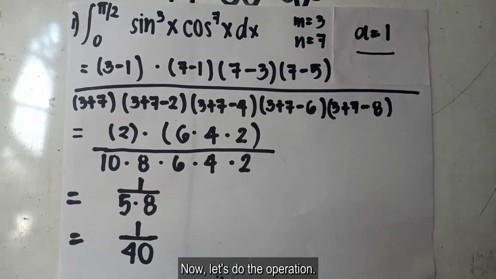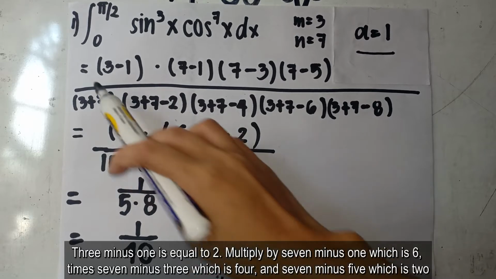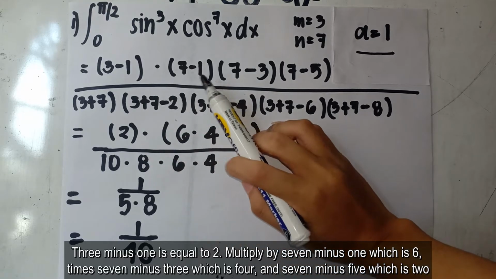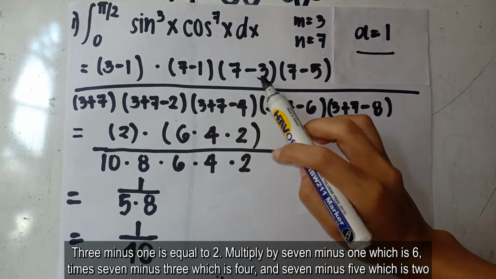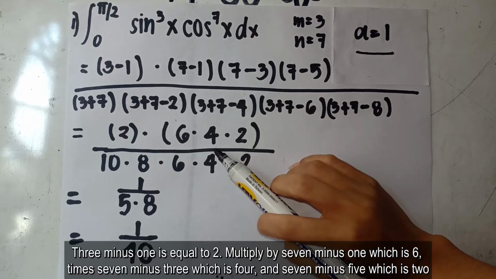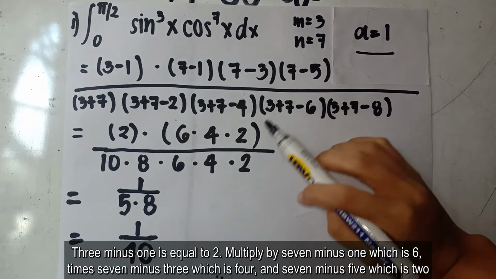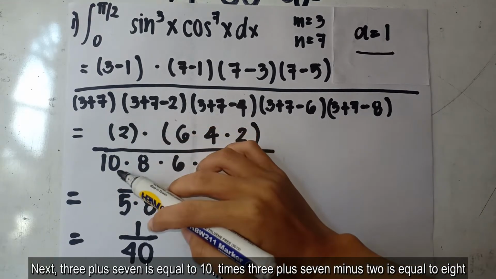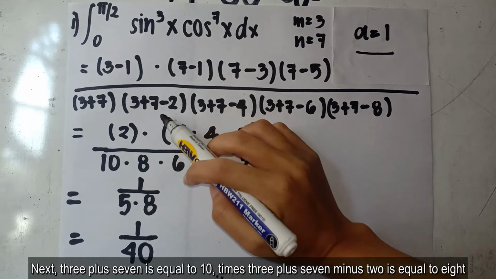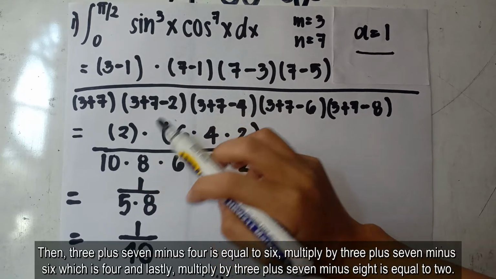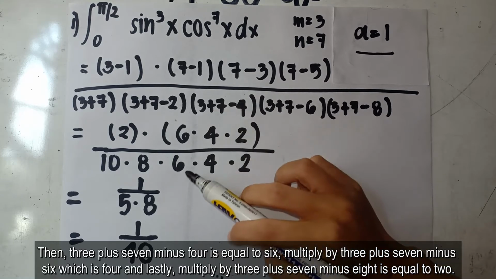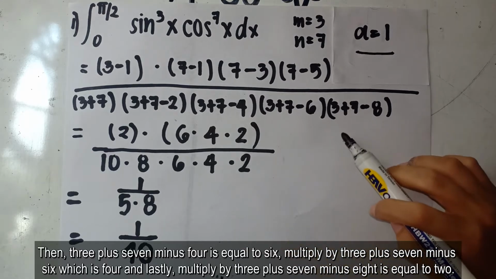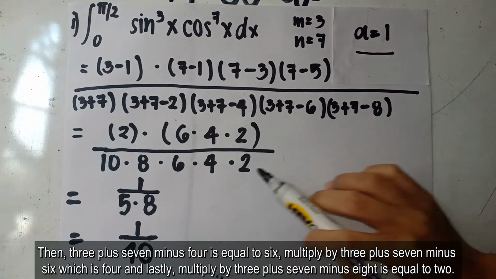Now, let's do the operation. 3 minus 1 is equal to 2, times 7 minus 1, which is 6, times 7 minus 3, which is 4, times 7 minus 5, which is 2, all over 3 plus 7, which is 10, times 3 plus 7 minus 2, which is 8, times 3 plus 7 minus 4, which is 6, times 3 plus 7 minus 6, which is 4, and 3 plus 7 minus 8, which is 2.